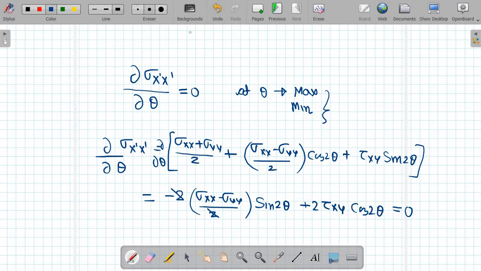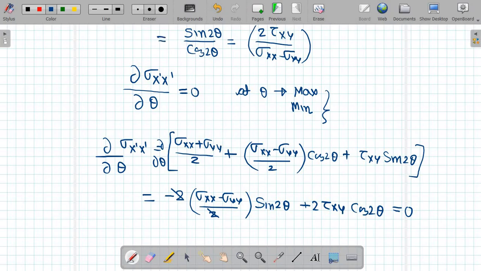So now what you can do, you can arrange sine 2 theta by cos 2 theta is equal to, you just shift this component to the right side. Okay, so now this becomes tan 2 theta.